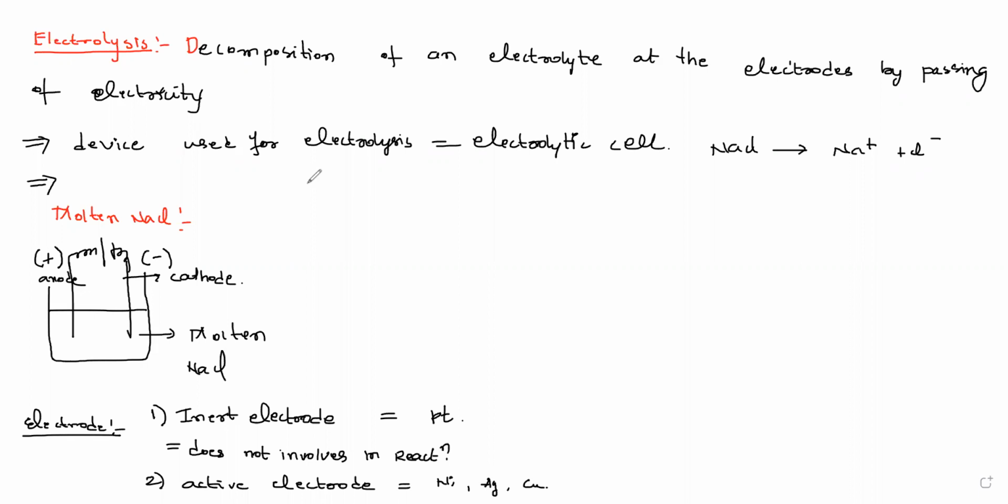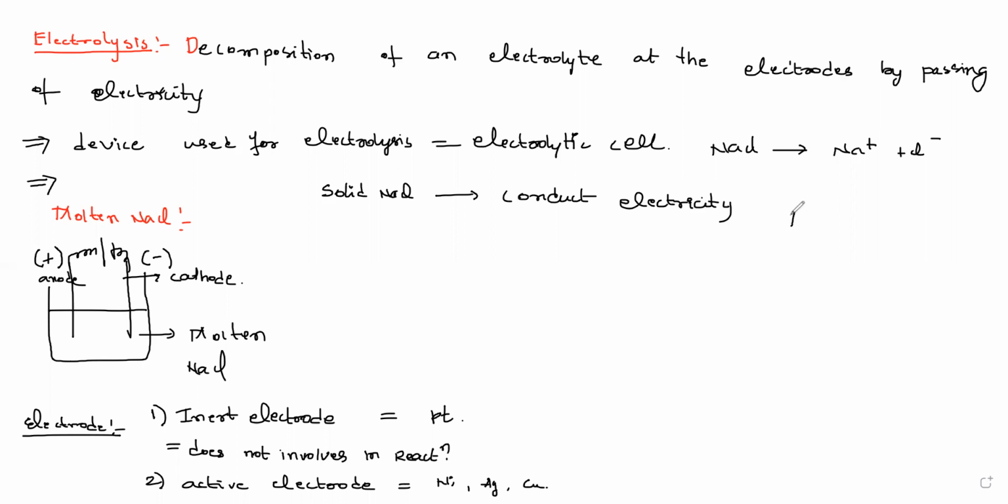But we get the doubt: does solid NaCl conduct electricity or not? Solid NaCl does not conduct electricity, meaning it does not accept the passing of current through it. Why?